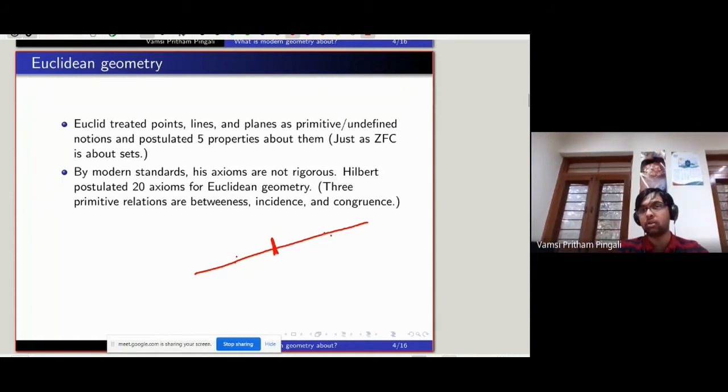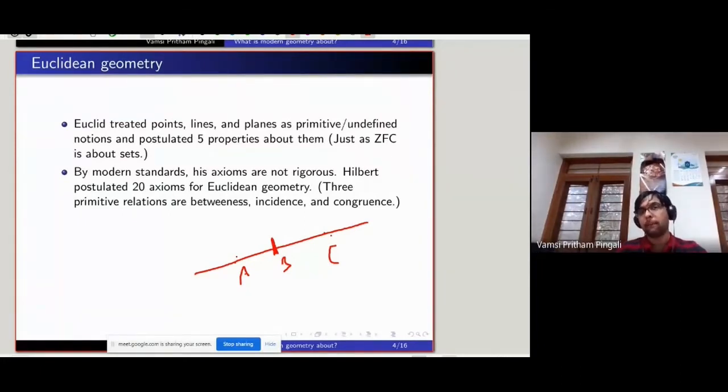I'm not going to tell you, this is an undefined notion. This is a relation between 3 points. You say that one point lies between the other two if, and we don't define that, but we say that B lies between A and C on the same line segment, and this notion obeys some postulates.